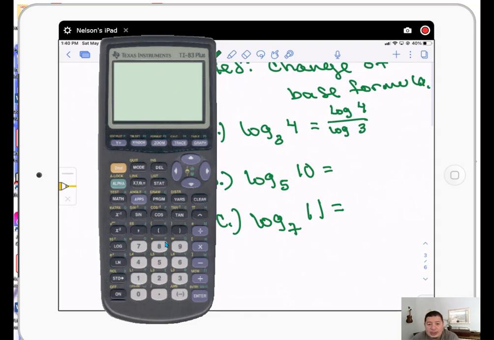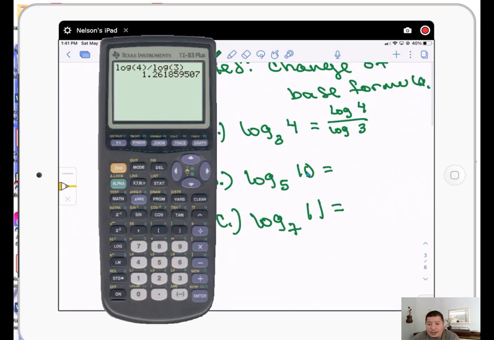Okay. And so if I wanted to know how much this is, I would go to log of 4 divided by log of 3. And notice how I'm coming up with a solid value over here. It's a number over a number. And that's how much I would get.